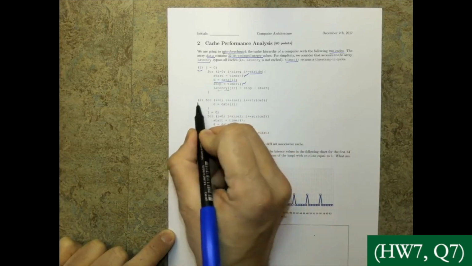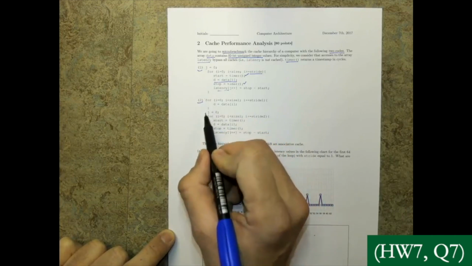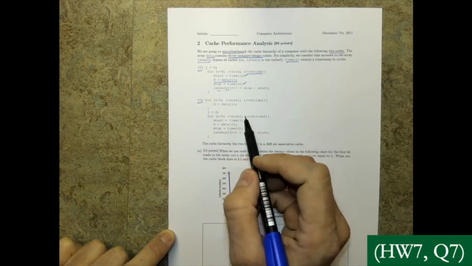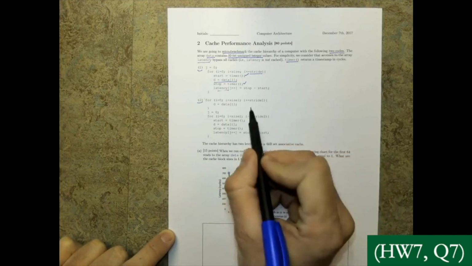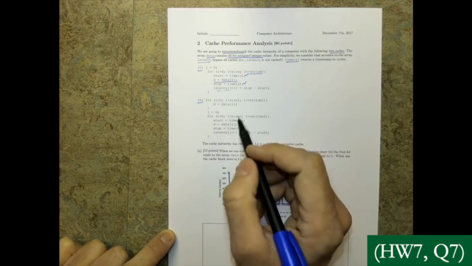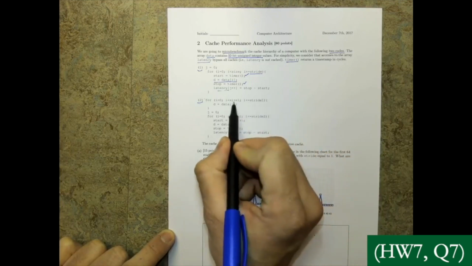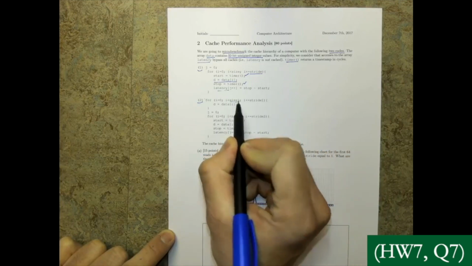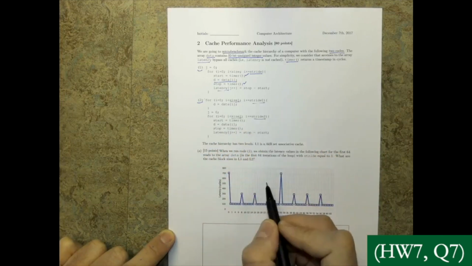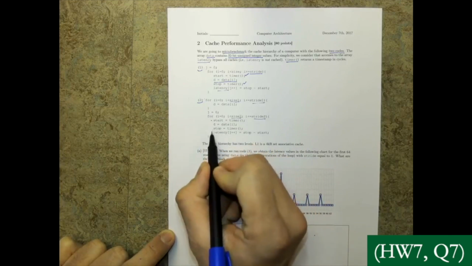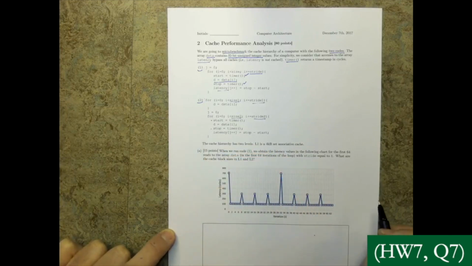In code number 2, we have 2 loops. The first loop is similar to code 1. Actually, both loops are the same. The only thing that changes is the size that we are accessing. Here is size 1, and here is size 2, with a stride 1 or with a stride 2. As you can see, it is in this loop 2 where we are going to measure the number of cycles that we need.